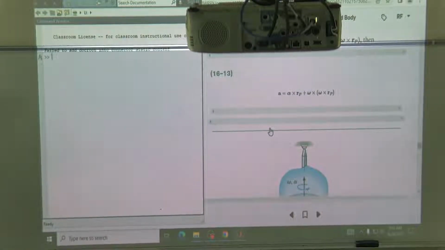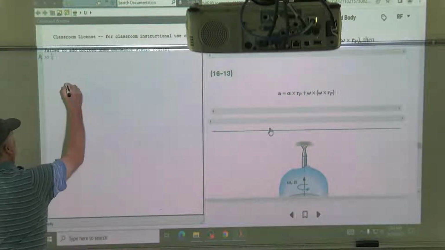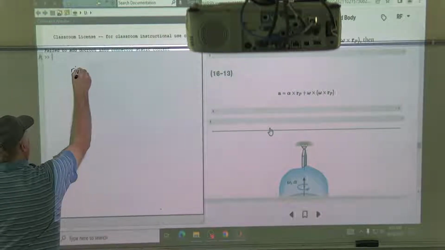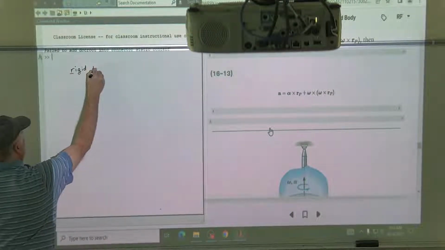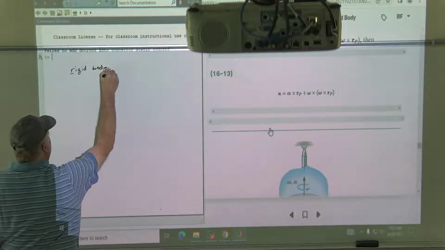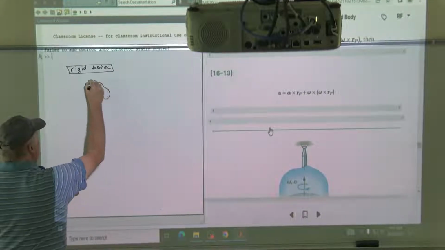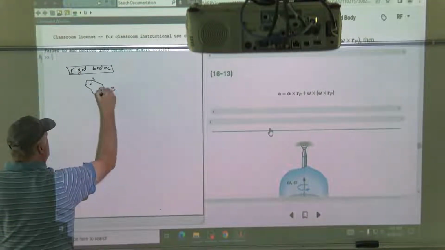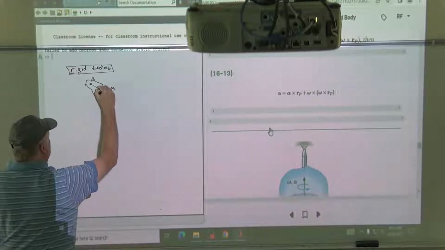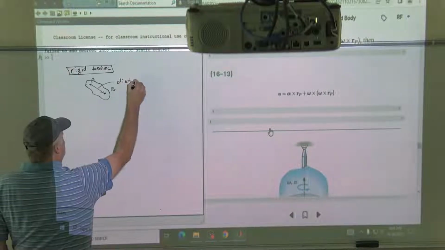Okay, so I think we can officially start. We're under a constraint of rigid bodies, meaning that if there's a rigid body and there's any spot A, and there's any other spot B, the distance remains fixed.